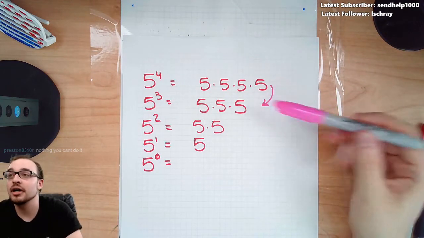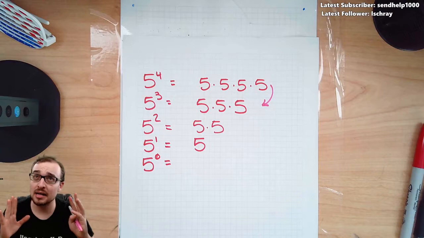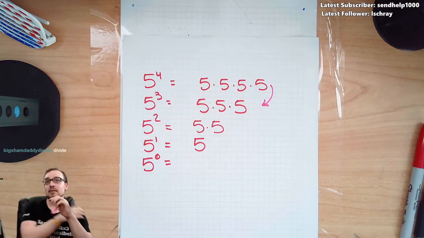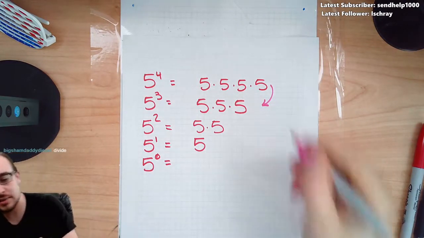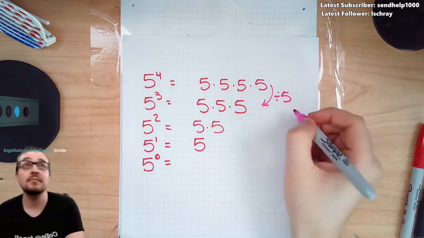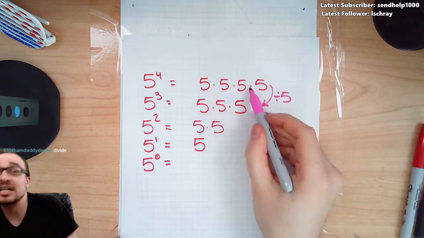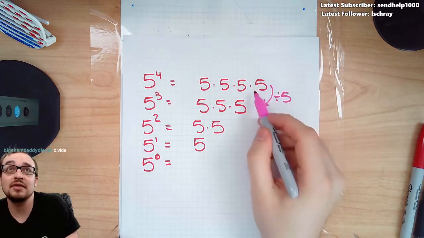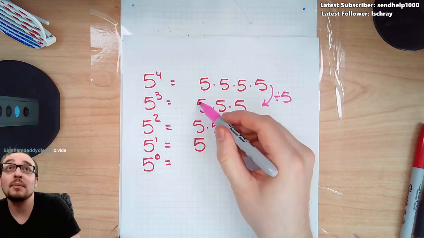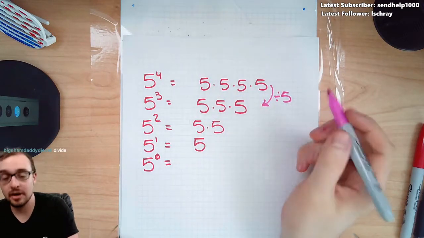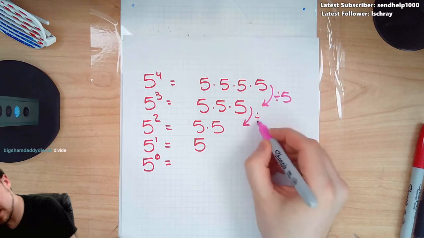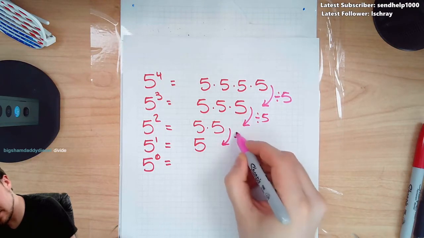I got rid of a 5, right? Well, how did I get rid of a 5? Think mathematically. We divided by 5, right? To get from there to there. Because it's times 5. To get rid of that times 5, I divide by 5. Just like when I go up, I times by 5 when I put another 5 here. Well, when I divide by 5 here, and divide by 5 here, I get to here.